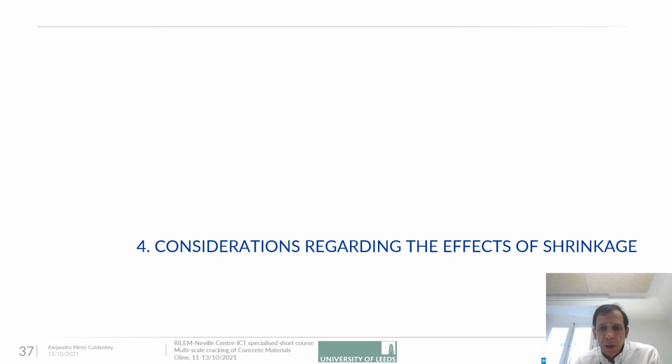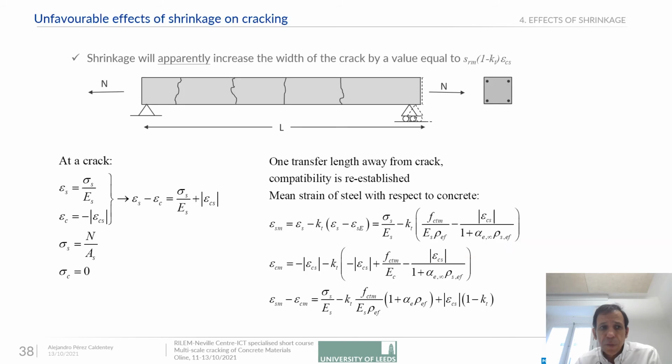Okay, regarding the effects of shrinkage, if we go to the classical analysis, let's say, and we have a tie here subjected to an axial force, and we look at what is happening at the crack.